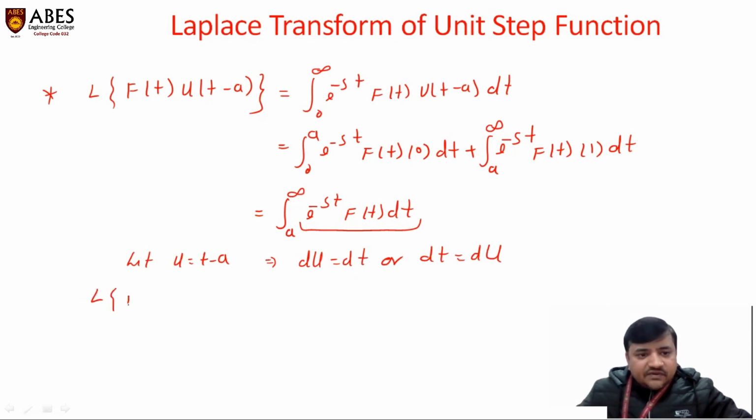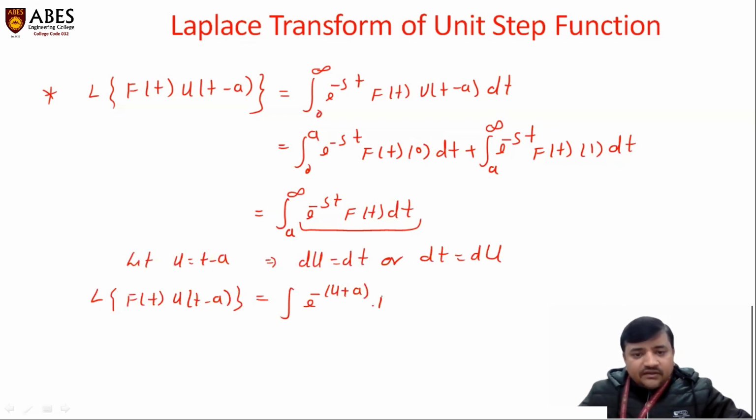So the Laplace transform of f t u t minus a is equal to e to the power minus s times, t will be replaced by u plus a, and f t will be replaced by f u plus a du, and the limits will be converted to: when the value of t will be a, u will be 0, and when the value of t will be infinity, u will be infinity.